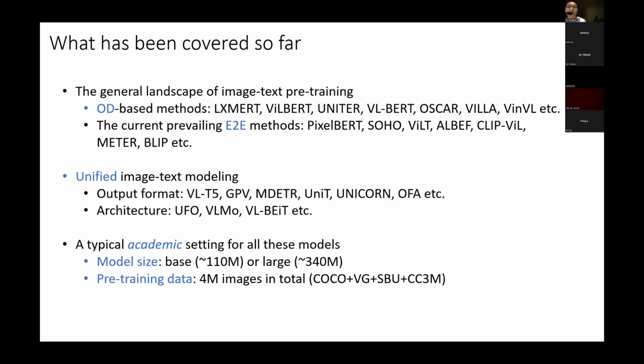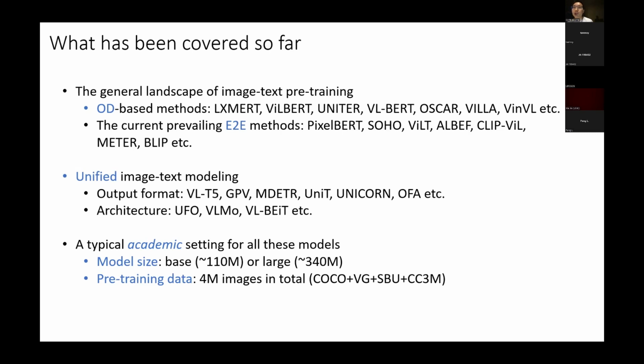Note that a typical academic setting for all these methods is like this. In terms of model size, they are typically either base model size or large model size. And the number of parameters in this kind of model will include 110 million or more than 300 million parameters.